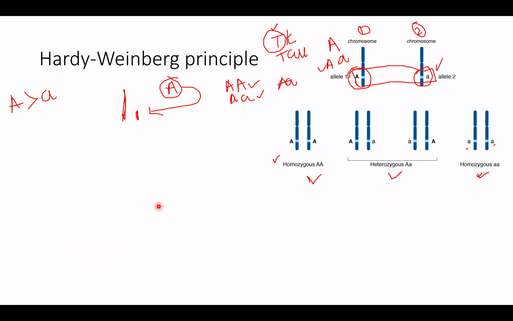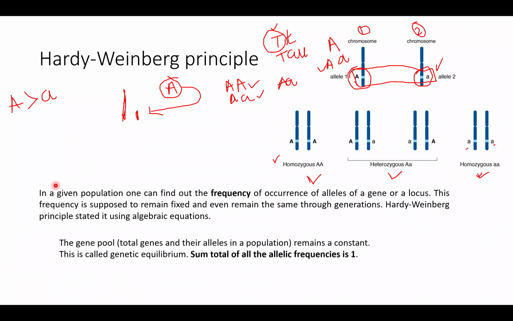Okay, so I'll go to the Hardy-Weinberg principle then. Hardy-Weinberg principle states that in a given population, one can find out the frequency of occurrence of allele of a gene or a locus.